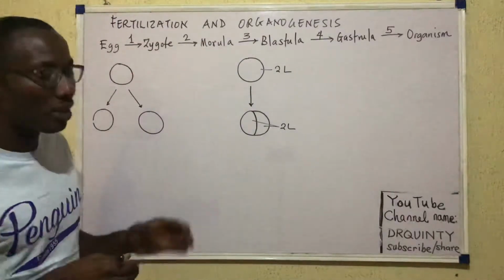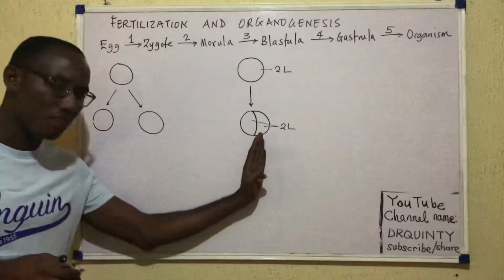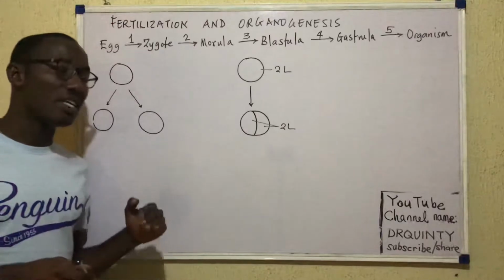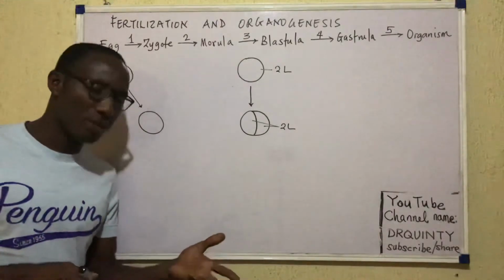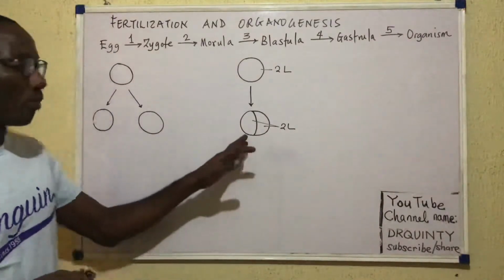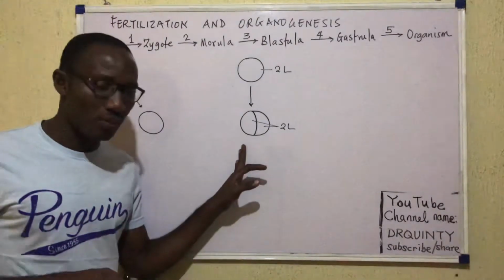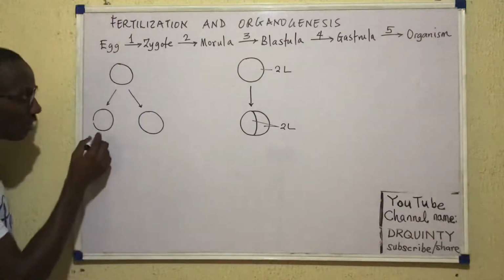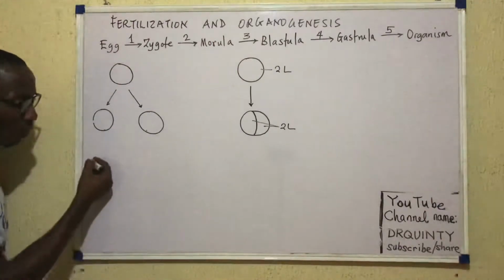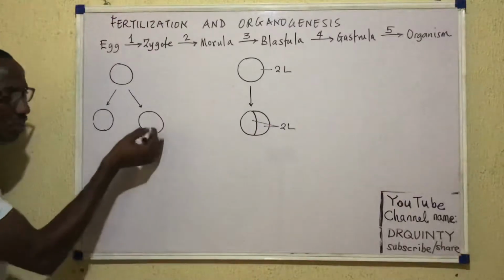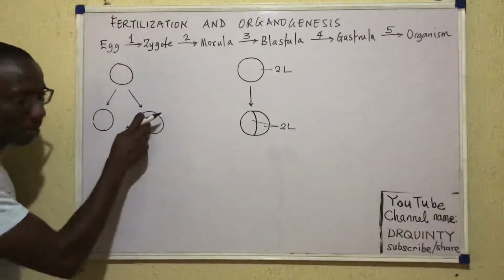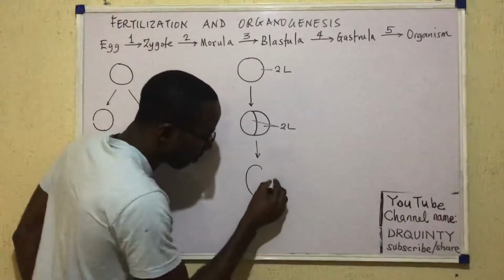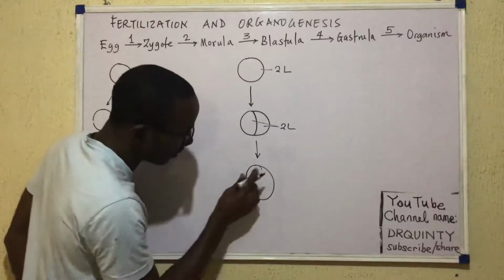In other words, the key difference between cleavage and mitosis is, in mitosis there's an increase in cytoplasmic mass after division, but here there is no increase in cytoplasmic mass. What is more, in mitosis, if these two daughter cells were to have their own daughters, the daughters will still have the size of the parents. But here, if these two were to divide further, you may now have something like this. These three are the same size.